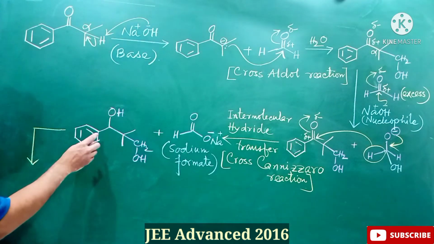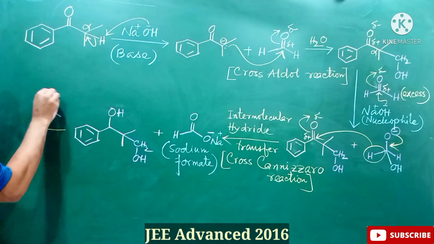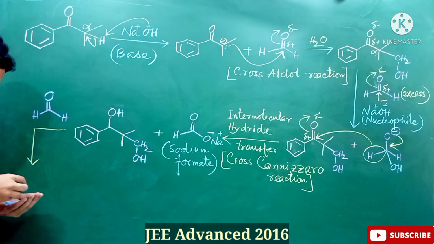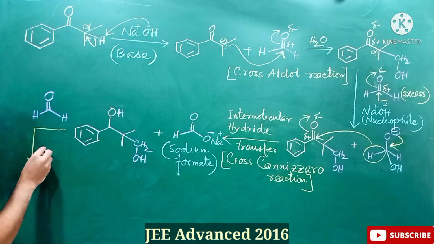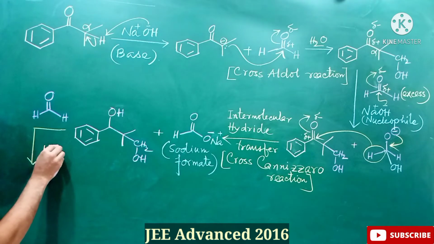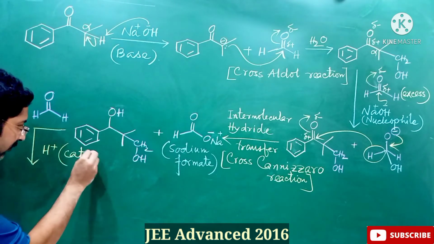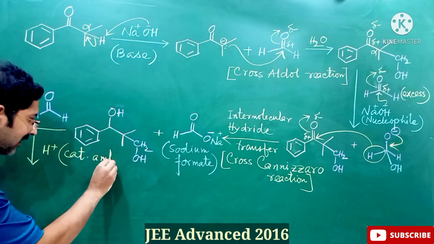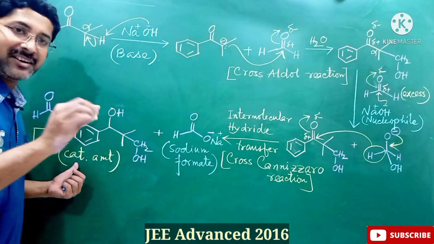So again this molecule is made to react with formaldehyde, but now in presence of catalytic amount of H+. H plus is present in catalytic amount, मतलब catalytic amount, not Katrina Kaif.